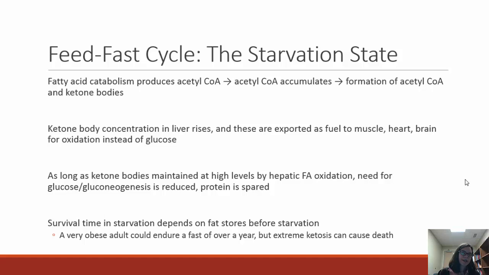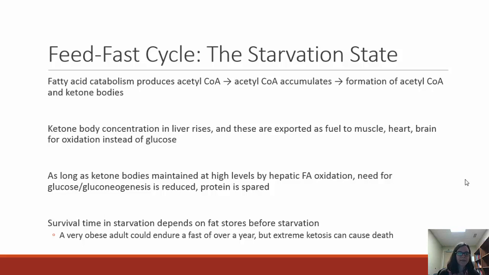When we were talking about ketosis before, we said that the production of ketone bodies is a two-sided coin, because ketones do help us survive during these times when we're not getting glucose. Our body can adapt so that it can rely more heavily on ketone bodies, and that helps us to preserve our muscle protein so that it can be preserved for other functions in our body.